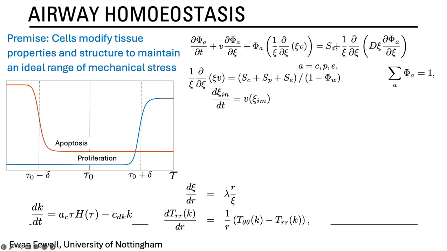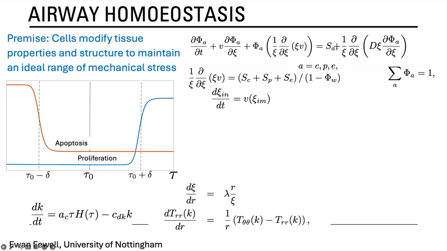Your stress gets too much, the cells want to proliferate to relieve that stress. The stress gets too small or compressive, the cells die in order to relieve that stress. And that there's some preferred stress window in which the cells sort of like to be. So that's all we're doing that's different to previously.